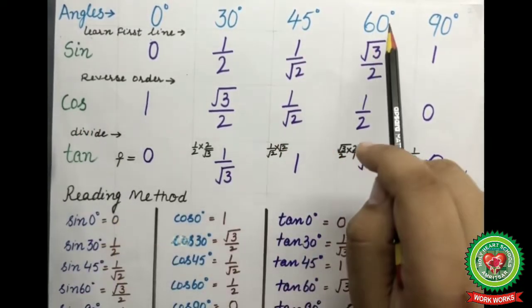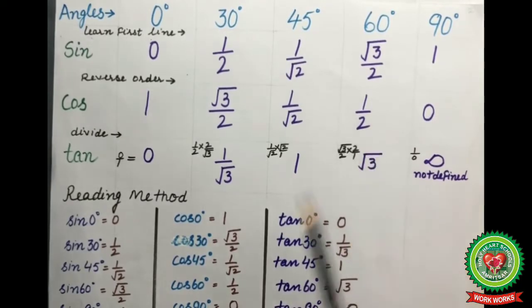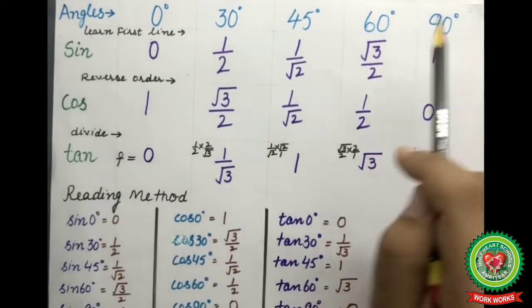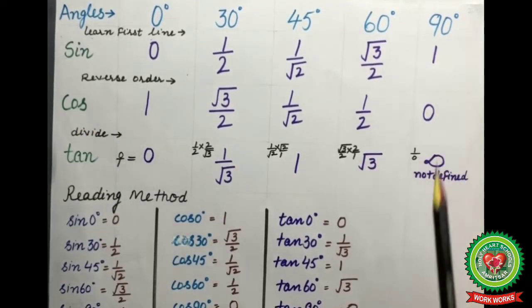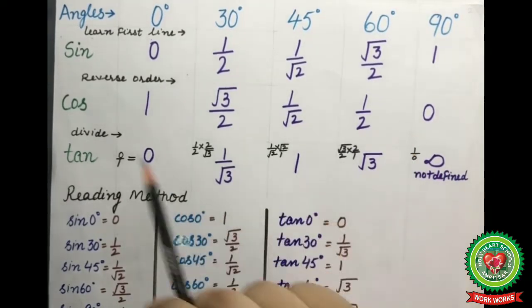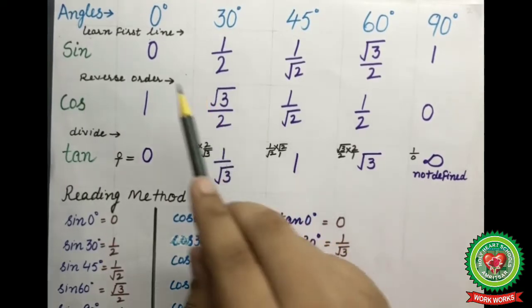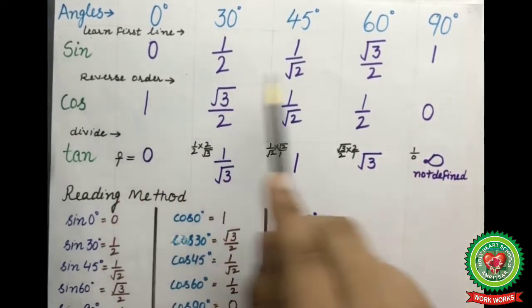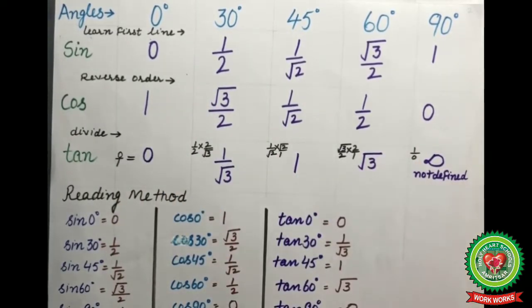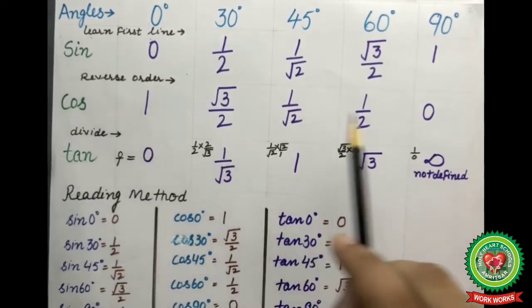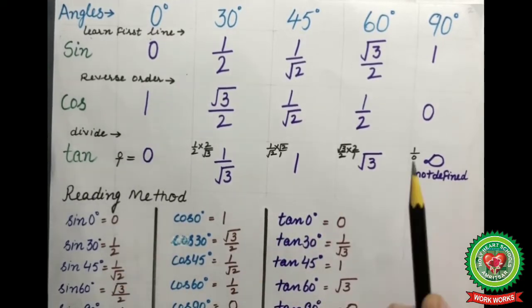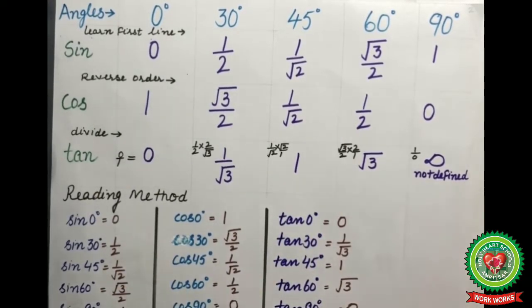Cos 60 degree is equal to 1 upon 2. And cos 90 degree is equal to 0. So we clearly see that sine and cos are written in the reverse order. If we learn the values of sine theta, we can easily remember the values of cos theta also by writing it in the reverse order.